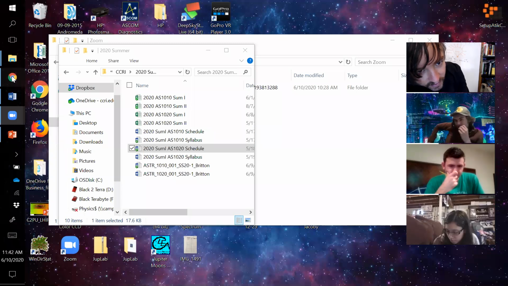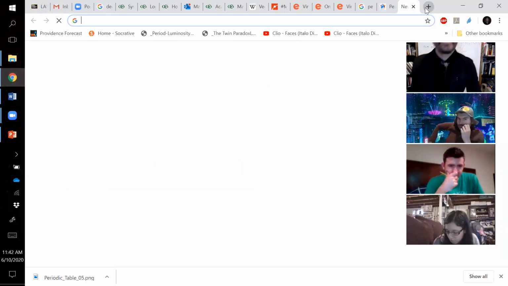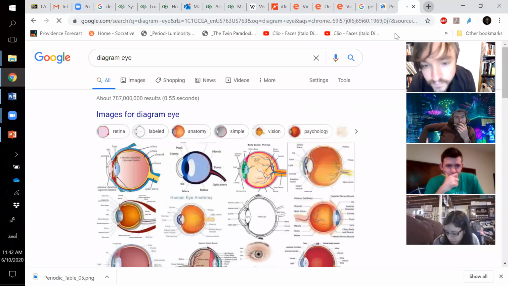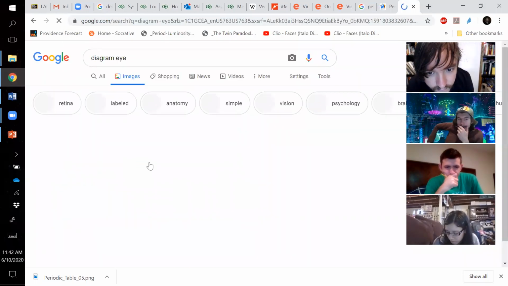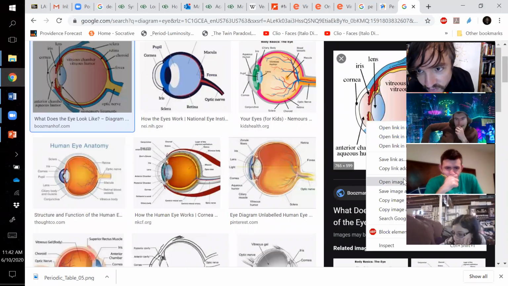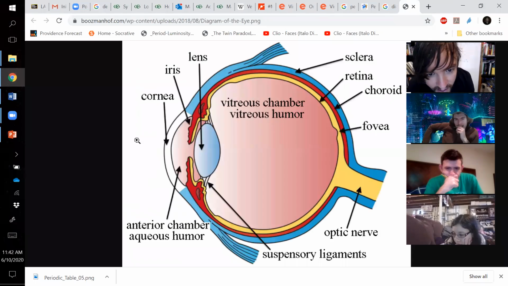Let's see if we can find a diagram of the eye. Eyeball. So the light comes into the little gooey lens, okay? Let's draw on this. Here, let's make it orange. Here come your orange photons.